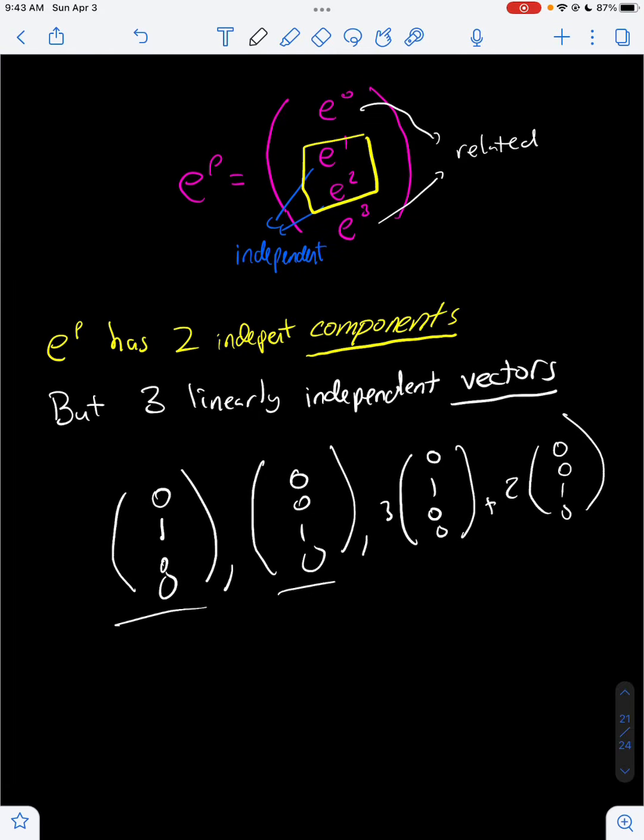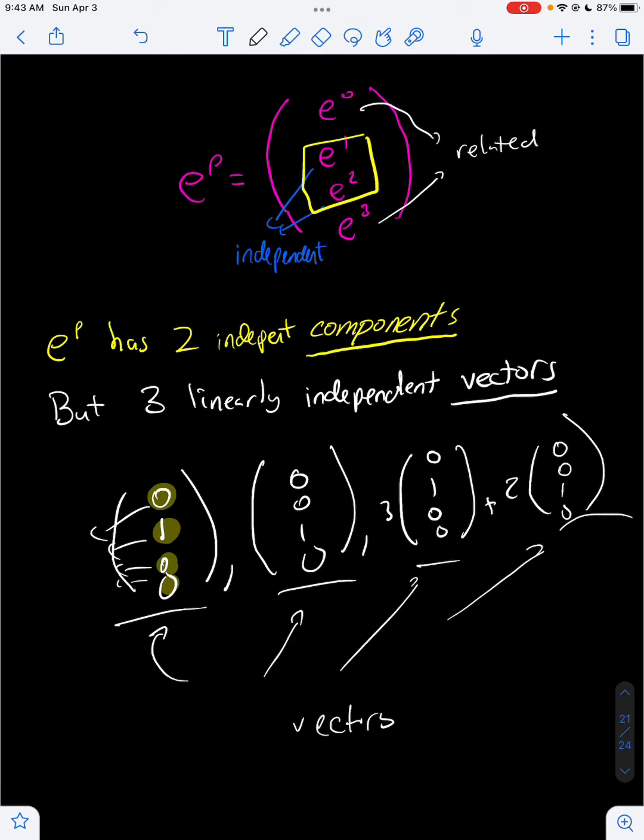So we can have a bunch of polarization vectors, right? These are the actual vectors. However, the entries inside, those are the components. And for the components, there's only going to be two independent components. However, there are three linearly independent vectors. So what do I mean by vectors?